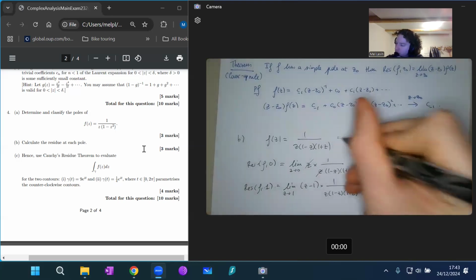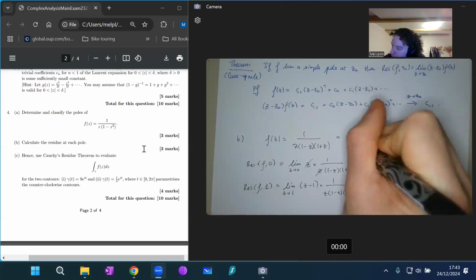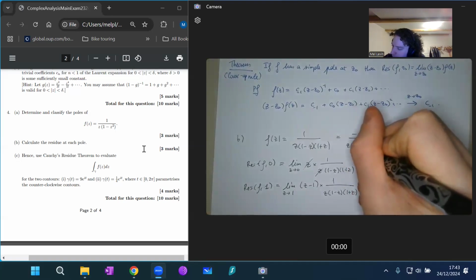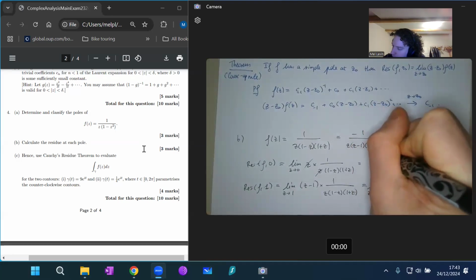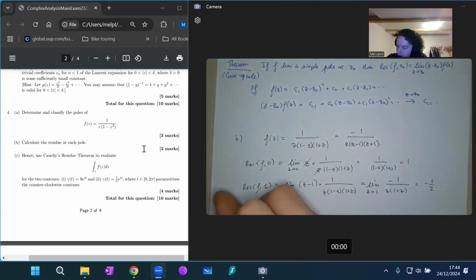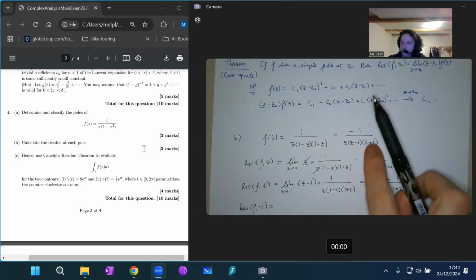So if you wanted to very quickly use the cover up rule, you would have to manipulate the expression so that everything looks like z minus z naught: z minus 0, z minus 1, z plus 1. Now a little bit more quickly, the residue at -1, this is the z minus z naught where z naught is equal to -1.